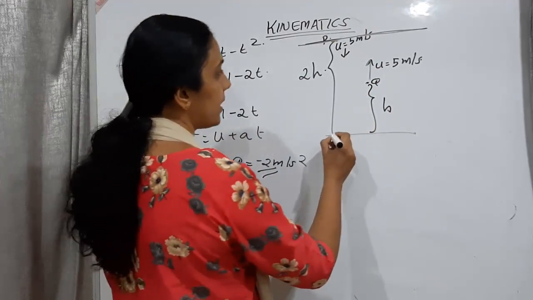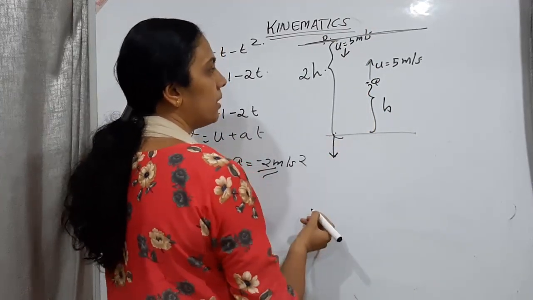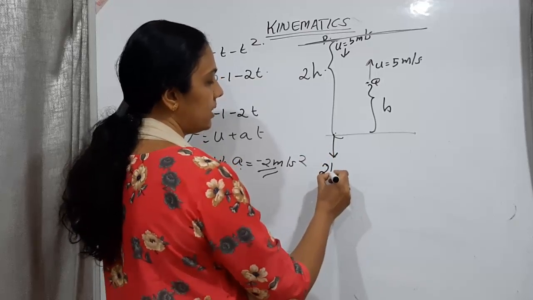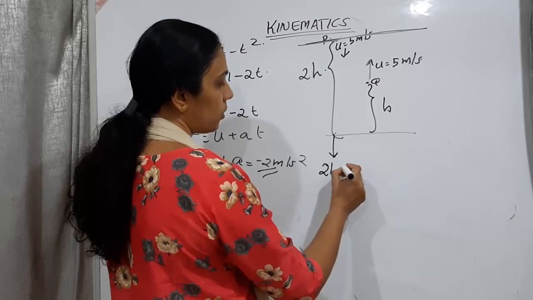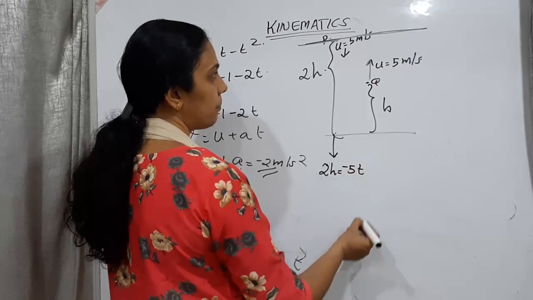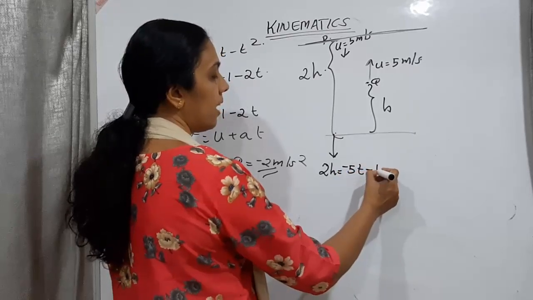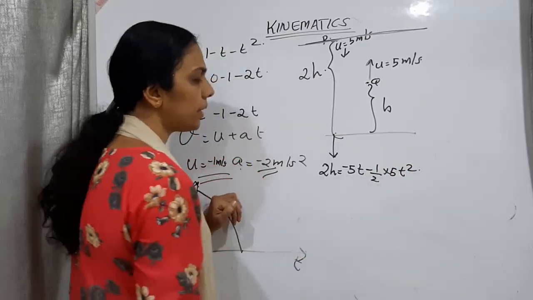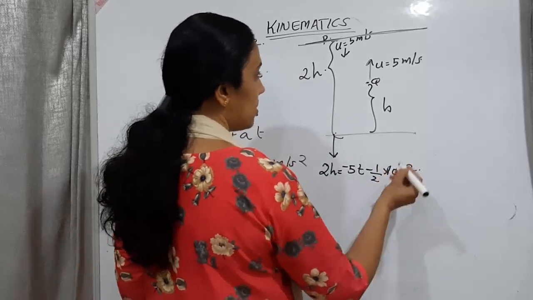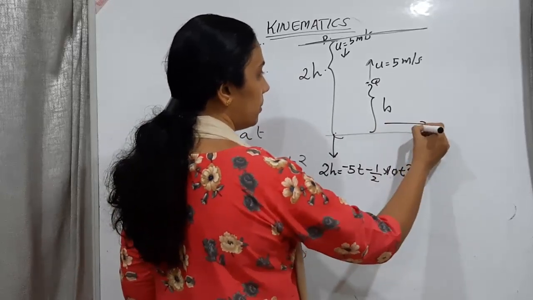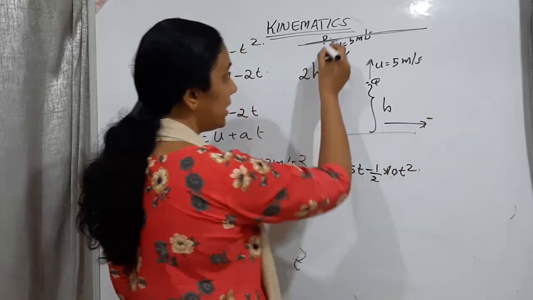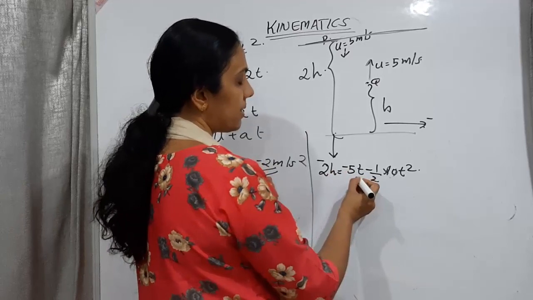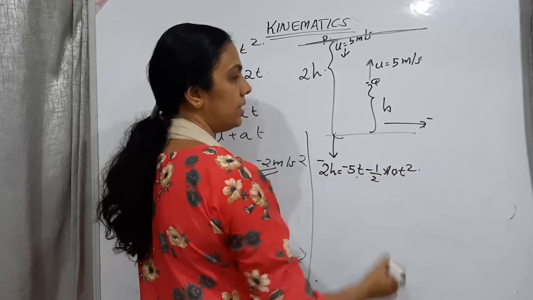So for the point P, S is equal to ut plus half at square. Substituting, S is equal to ut, downward so negative, minus 5t, and minus half a t square. Here a is 10. For the point Q, it is 2h, so it is negative: minus 2h equals minus 5t minus half a t square.